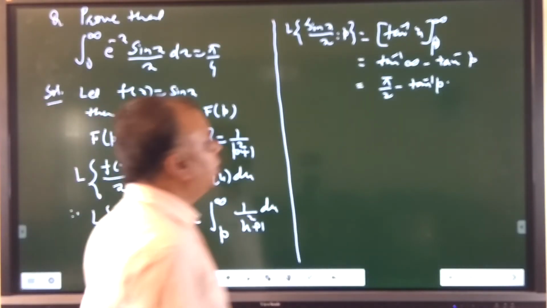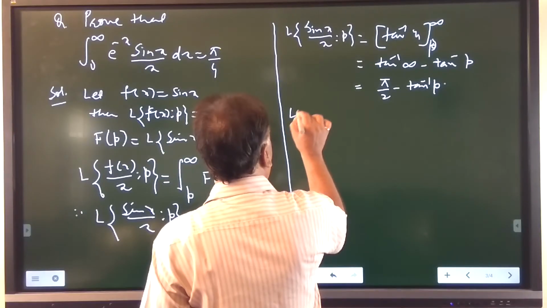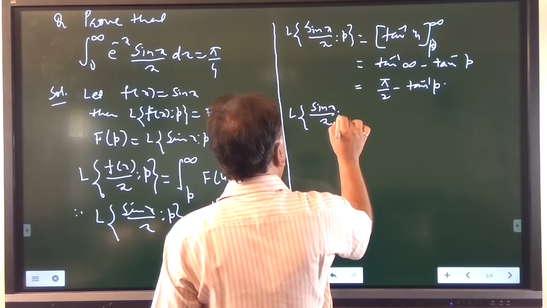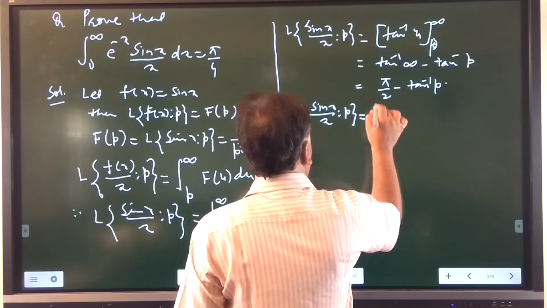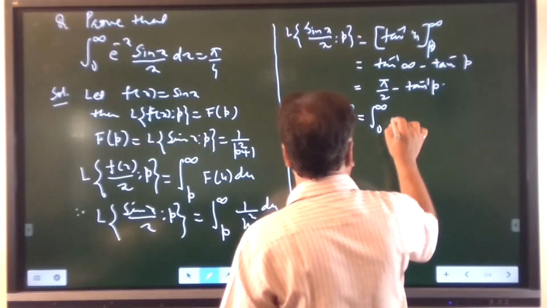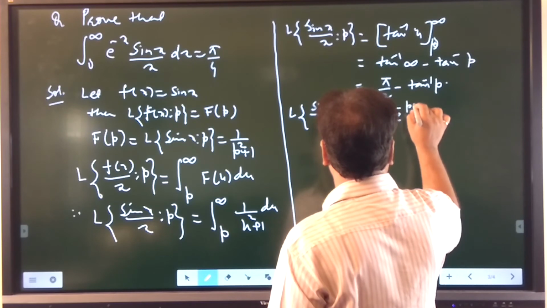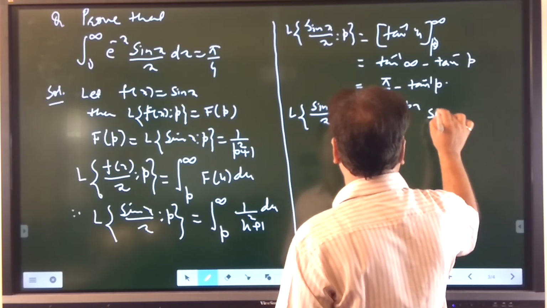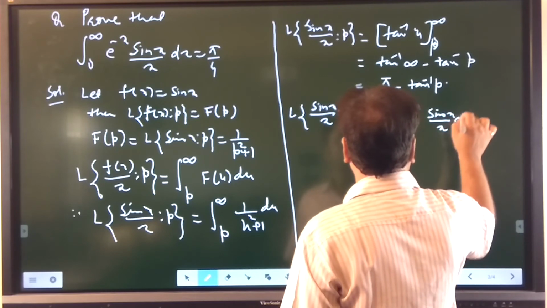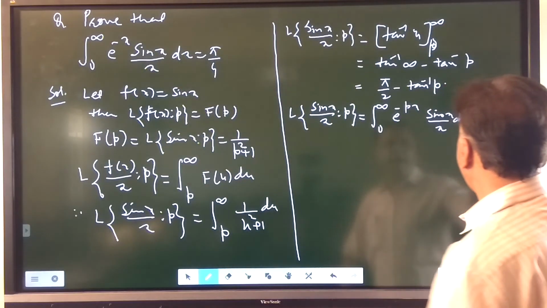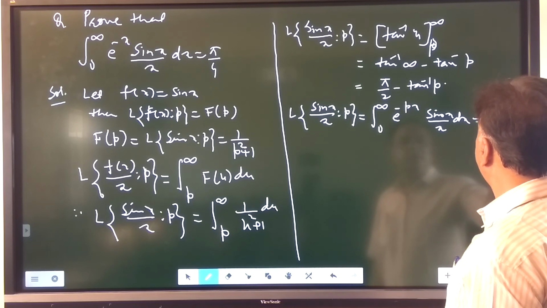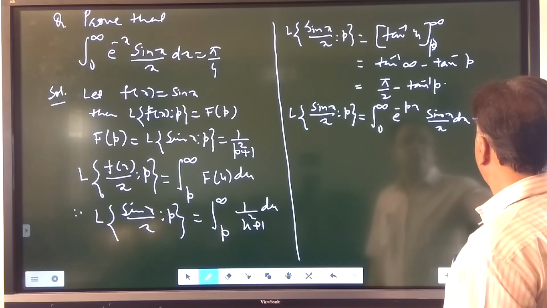But by the definition of the Laplace transformation, the Laplace transformation of sin x upon x with respect to p is the integral from 0 to infinity of e raised to minus px sin x upon x dx, and we have calculated that this is equal to pi by 2 minus tan inverse p.